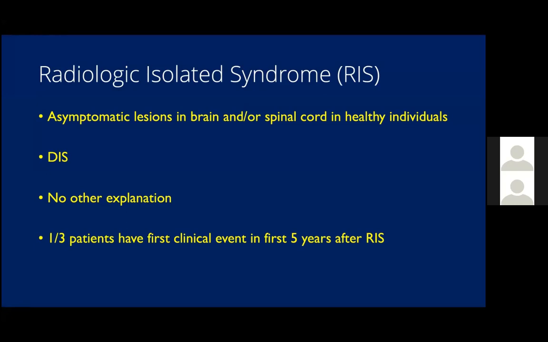And 1/3 of these patients will have a first clinical event in the first 5 years after radiologic isolated syndrome. So basically, radiologic isolated syndrome is brain MRI findings with no clinical symptoms that fulfill the criteria for DIS, and 1/3 of these patients will develop MS within 5 years.